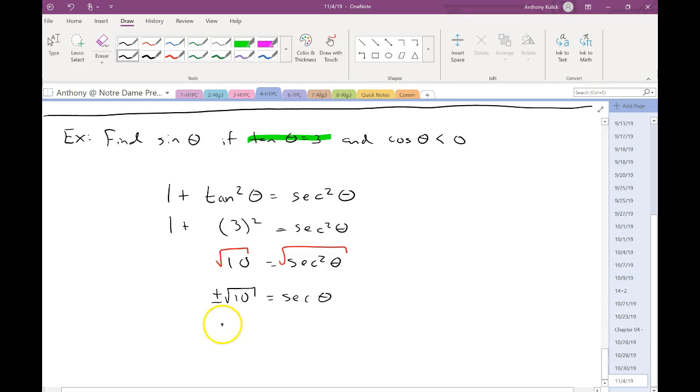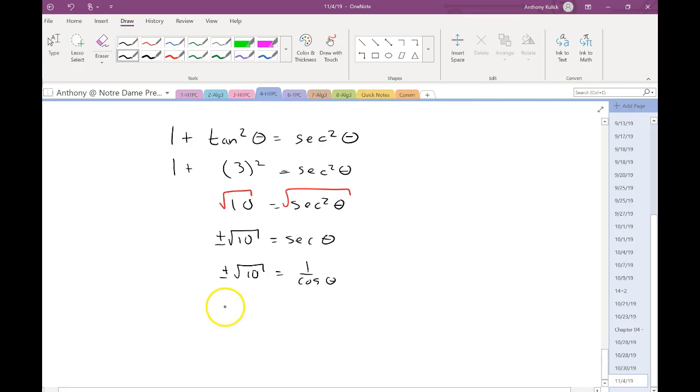And I know secant is 1 over cosine. And if I do the reciprocal then of both sides, I have that cosine is plus or minus 1 over the square root of 10.